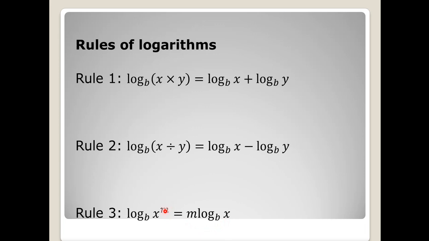See, the exponent m here, or the index m, is brought in front of log, meaning multiplied by the log. So we calculate log x to base b and multiply it by m, which is the index of x. So these are the three rules of logarithms, and we have to remember these rules because they are very important. They can help us in solving many questions in logarithms.